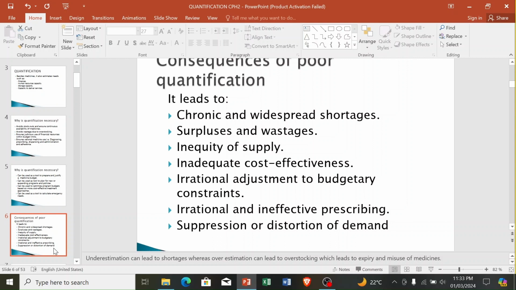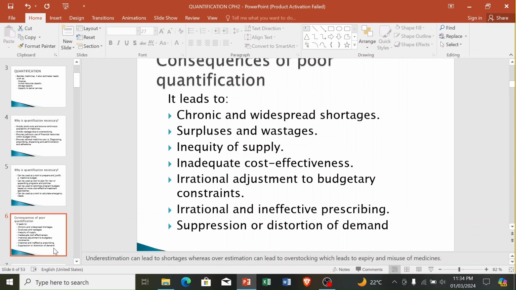Inadequate cost effectiveness. Cost effectiveness is making sure that the little resources we have, we utilize them well. So with inadequate cost effectiveness, you find that the little resources we have, we are misusing them.